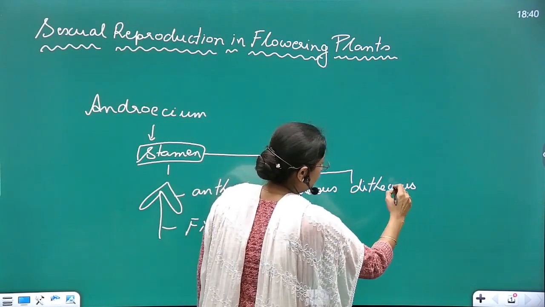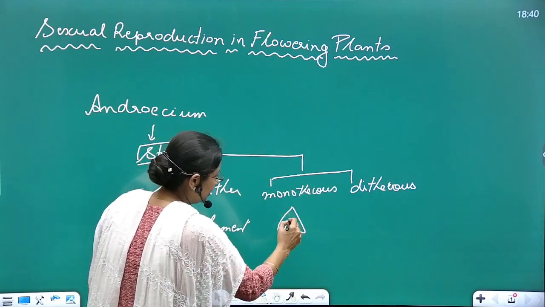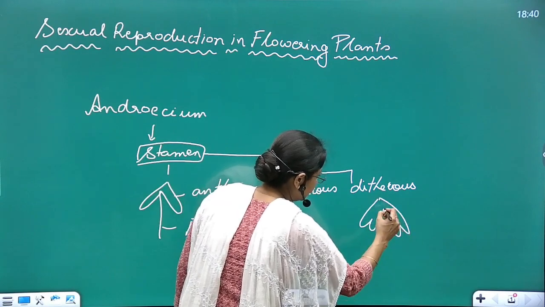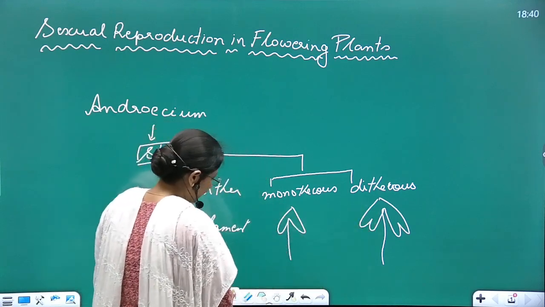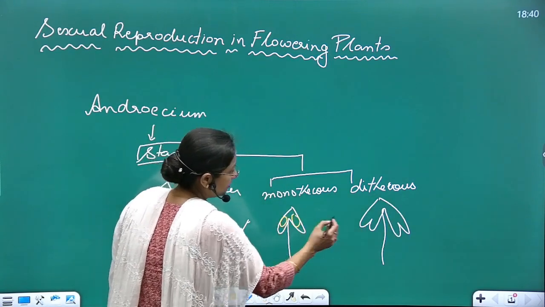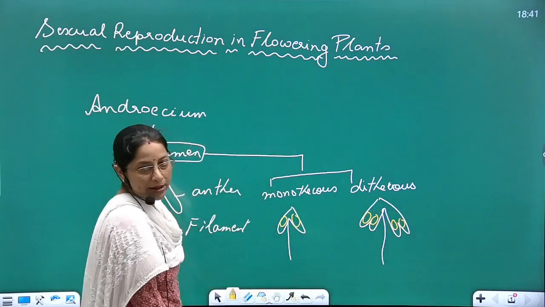Last class, a common revision: dithecous, monothecous, a rough diagram. So this is the anther part. Inside the anther, what you will see is a pollen sac or microsporangium.